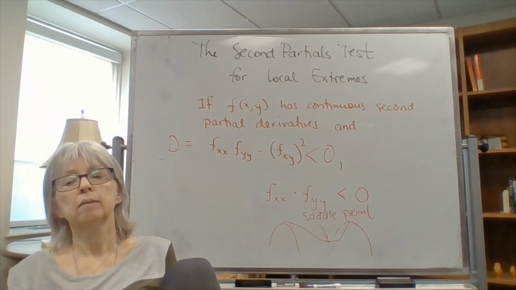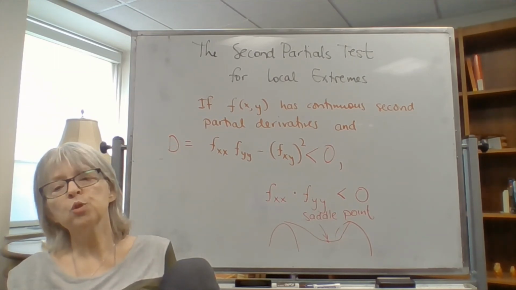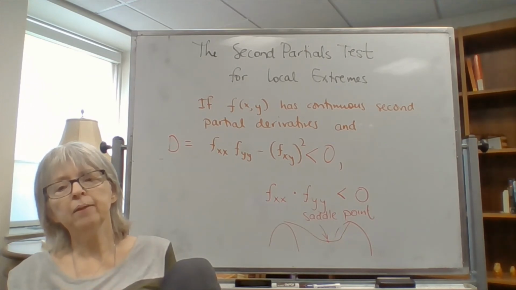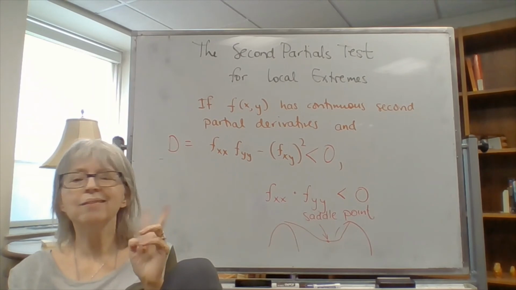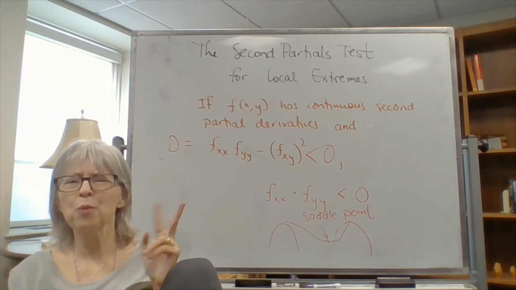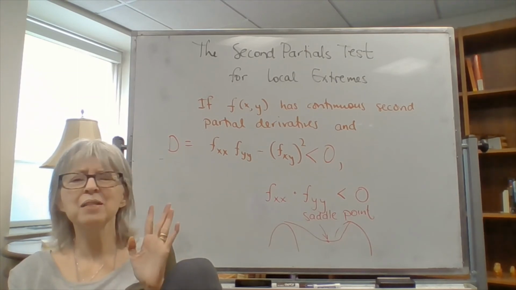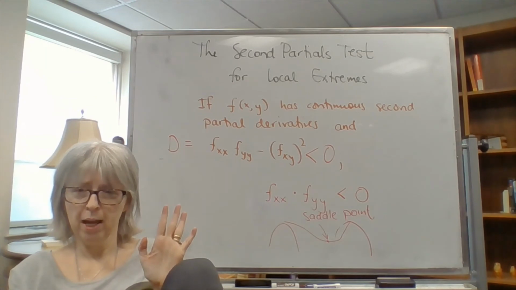Then, find your second partial with respect to x, second partial with respect to y, multiply them. Find your mixed partial, either direction, doesn't matter. F sub xx, f sub yy, f sub xy, f sub yx, doesn't matter because all of our functions, those are going to be equal because I'm not giving you pathological functions.